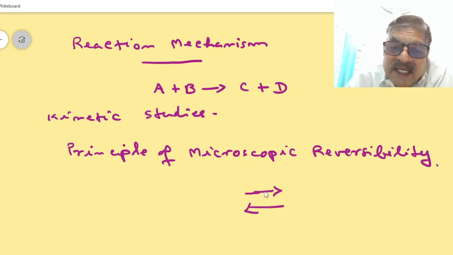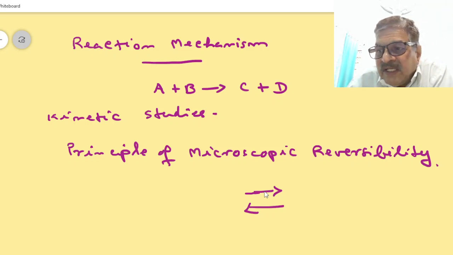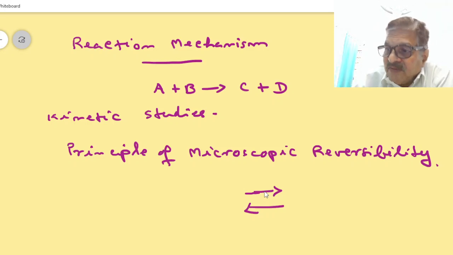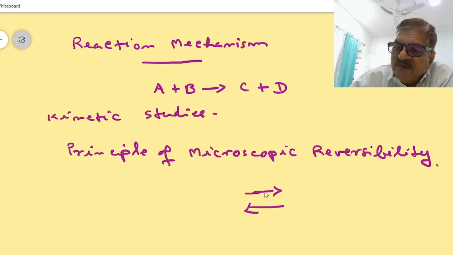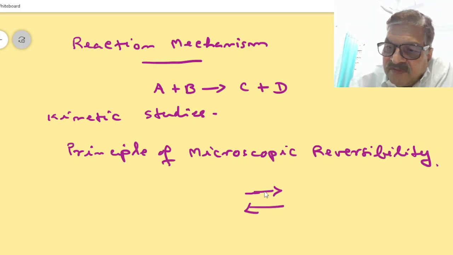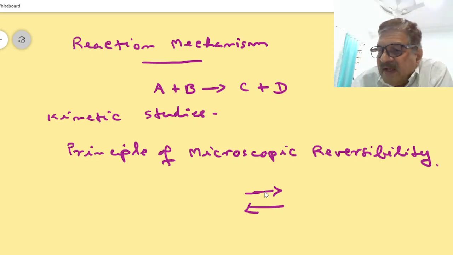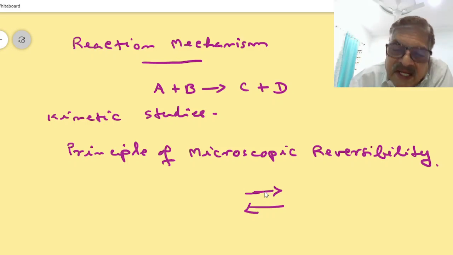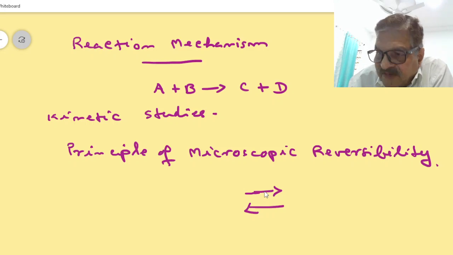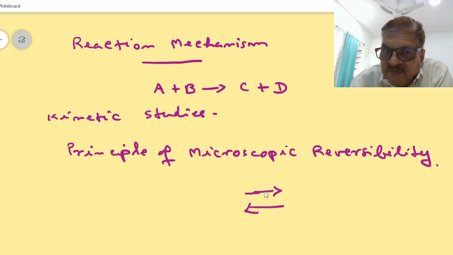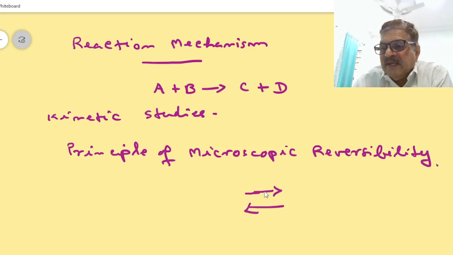Then we have kinetically controlled reactions. There are kinetically controlled products, thermodynamically controlled products, and so many things like that. When the various possible products of a reaction are not interconvertible under the reaction conditions, that is a kinetically controlled reaction.